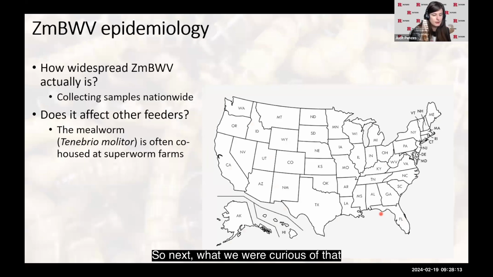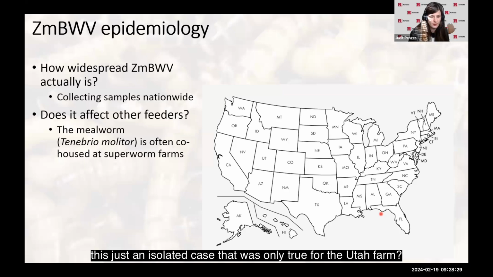So next, what we were curious of is: is CMBWV really the pathogen of the nationwide superworm pandemic, or was this just an isolated case that was only true for the Utah farm?